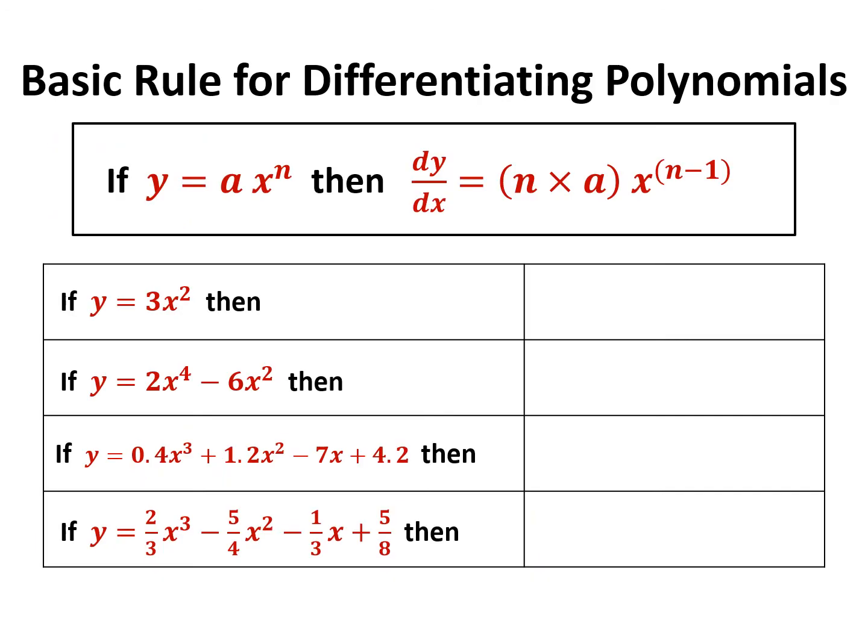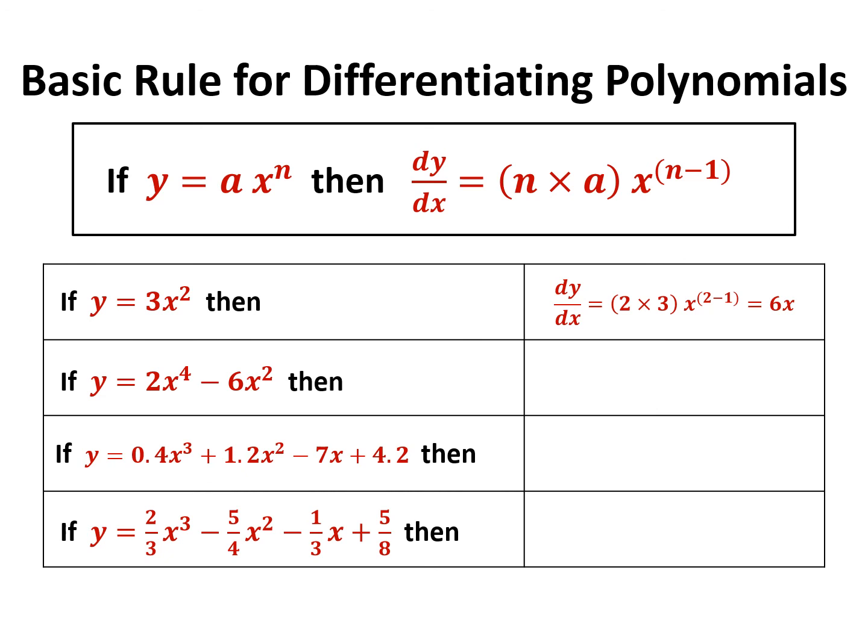Okay, so here's just a few more questions on the same kind of lines. This time we haven't got the graphs. We're just going to look at the equation and work out the gradient equation, or the derivative. So first one, y equals 3x squared. Remember the pattern. dy by dx is going to become 6x.